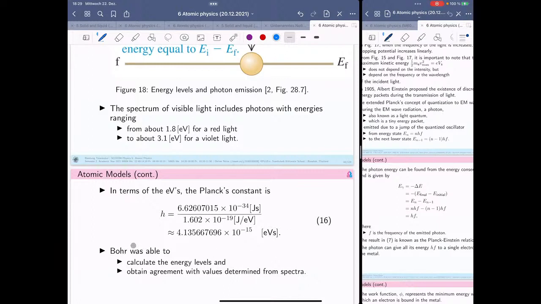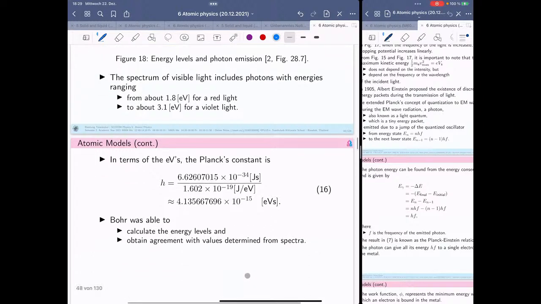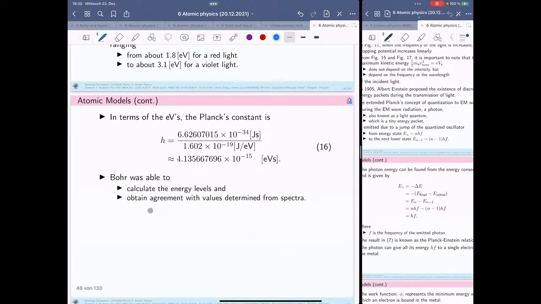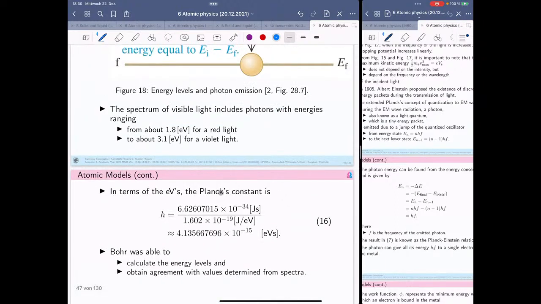Bohr was able to calculate the energy levels and obtain agreement with values determined from spectra. He developed the formula, he formulated that expression, EI minus EF equals hf.